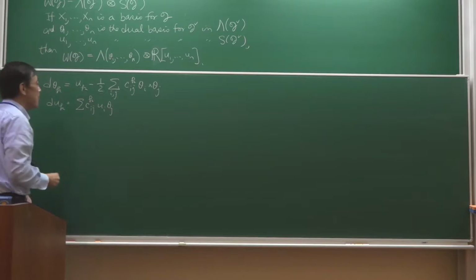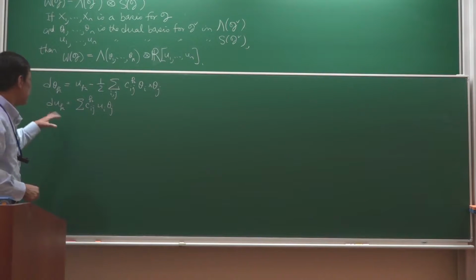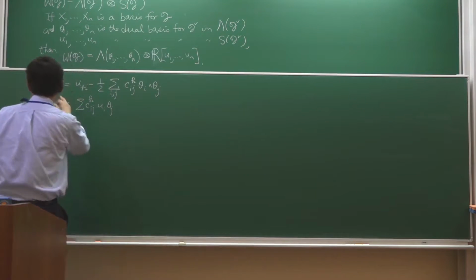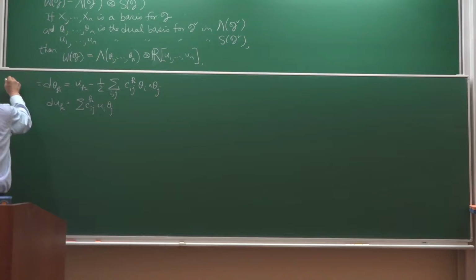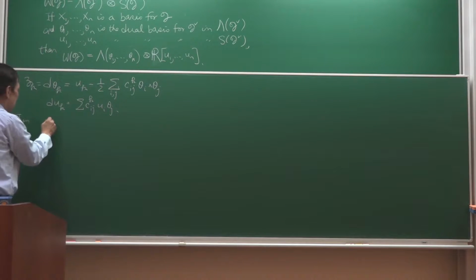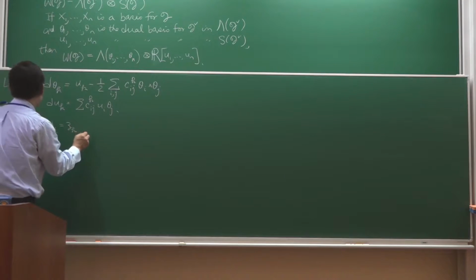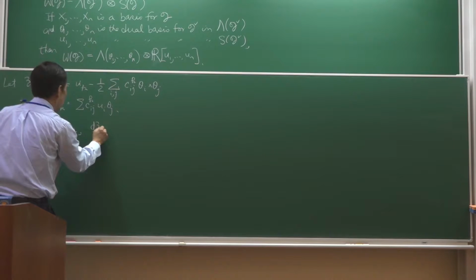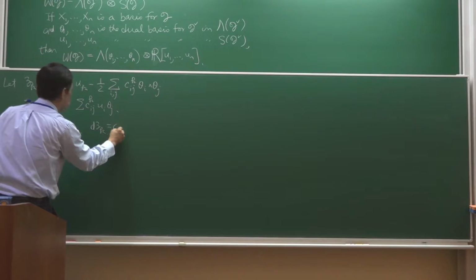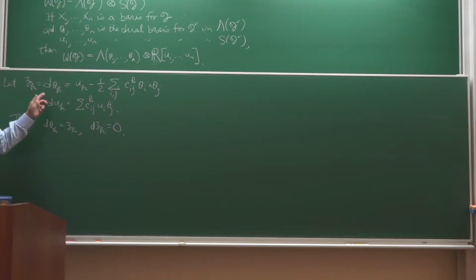Okay? So last time we called this zk. Then d theta k is zk, and d zk is 0 because it's dd.